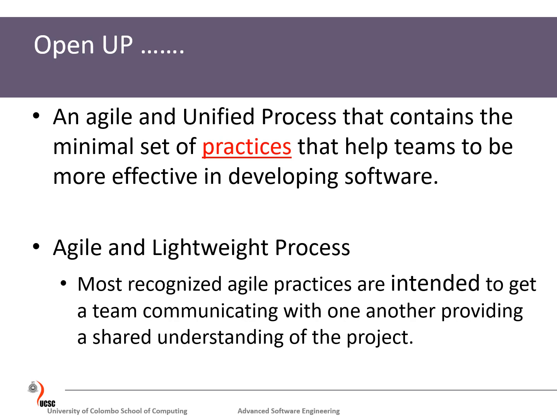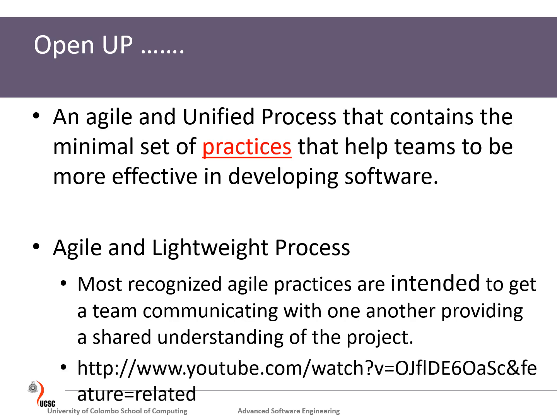So what is the key thing that we can observe in agile? Communication. And with that communication we wanted to build a shared understanding. Let's see a small video which I took from YouTube, a very popular one.